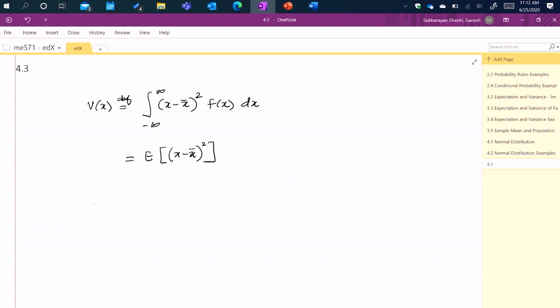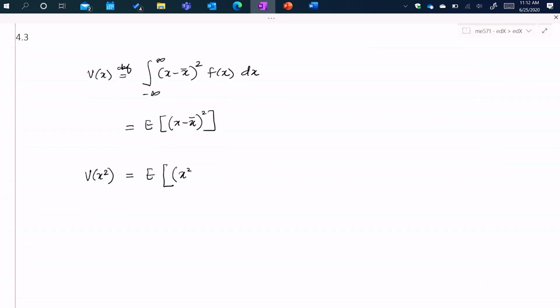Now, if I take the variance of x squared, the variance of x squared is expected value of x to the power 4 minus expected value of x squared, this whole thing squared. And this I can write as expected value of x to the power 4 minus 2 times x squared times expected value of x squared plus expected value of x squared, this whole squared.